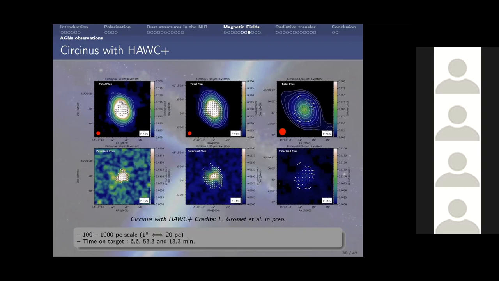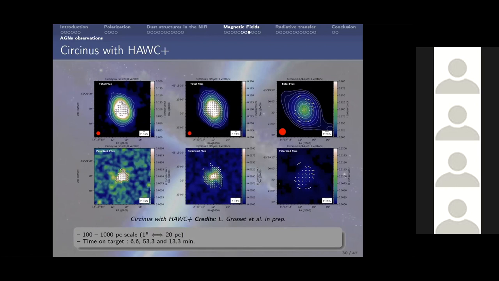So here we are. Just to finish on these maps, this is a map of about 100 to 1000 parsec, because we have pretty much 1 arcsecond for 20 parsec. So this is a bit larger than the scale I was showing before, where pretty much the entire image was 200 parsec.